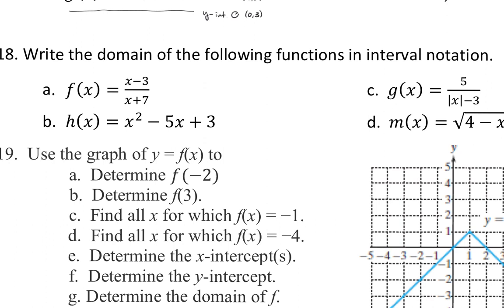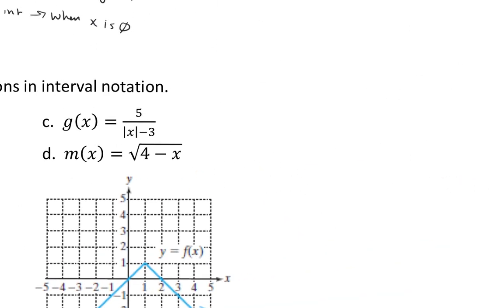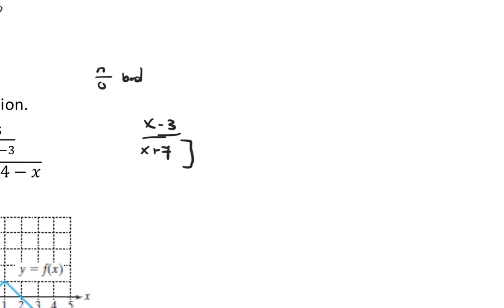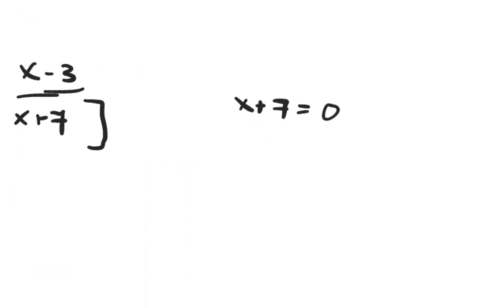Perfect. Now for problem 18, what we want to do is take all the functions and write the domain in interval notation. So for this first one, we're looking at x minus 3 over x plus 7. The main thing we want to look at for the domain is figure out where things do not work. x minus 3 is fine, but we cannot divide by 0, so anything over 0 is bad. So let's check when x plus 7 is 0.